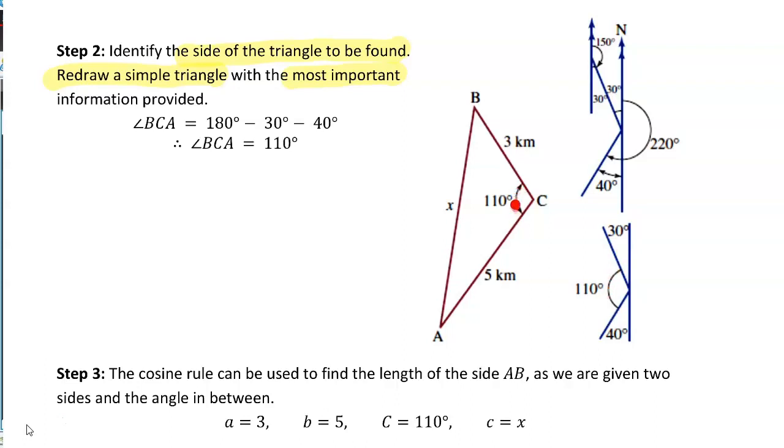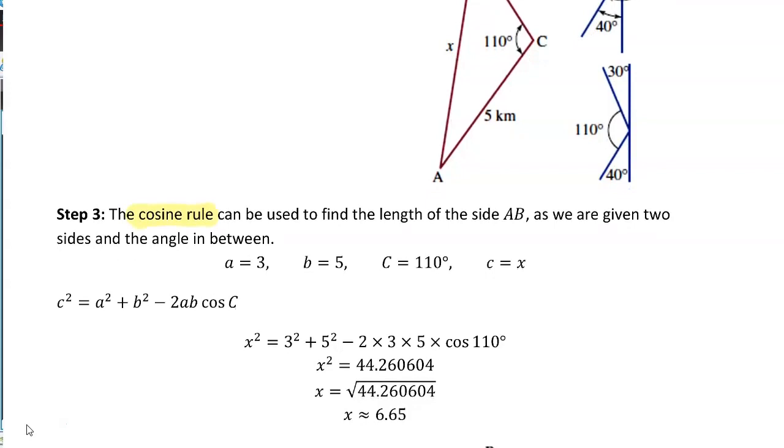So that angle in there, that part of the triangle, has to be 110 degrees. So looking at this, I have that length there, and that length there, and the angle between them, and I want to find the length opposite. What does this look like? Oh, this looks like cosine rule. So we can find that length as we're given the two sides and the angle between them.